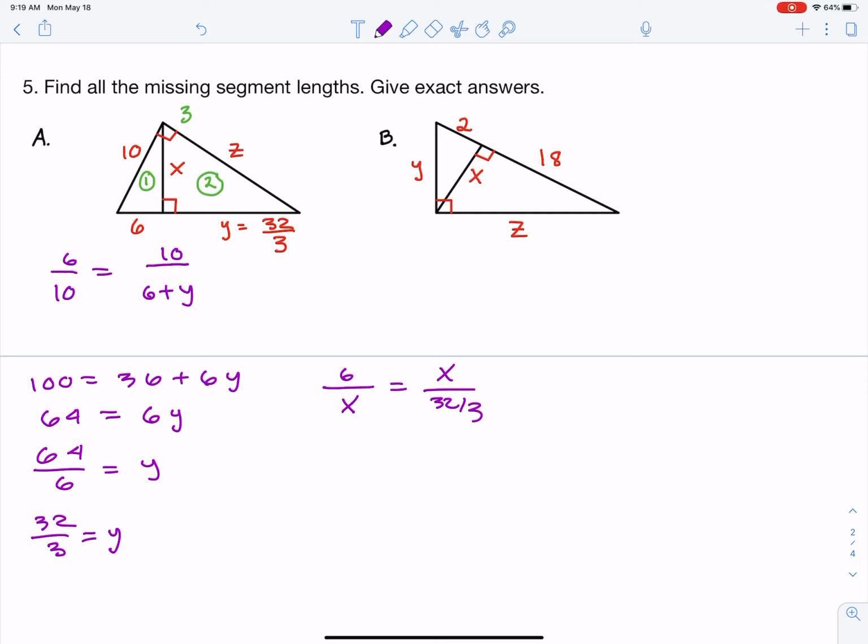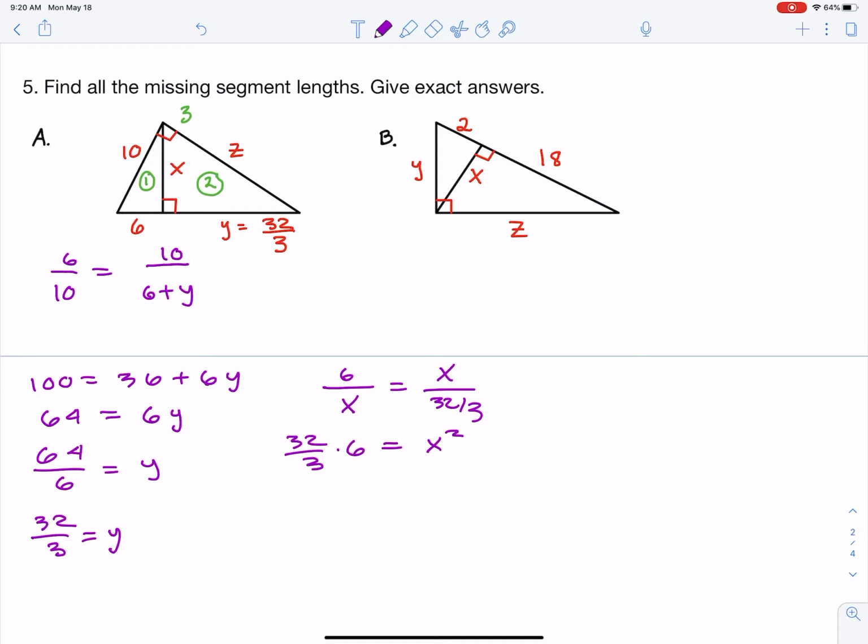As I told you before, this is where it gets a little confusing because the second fraction is a complex fraction. It's not a big deal, but we can deal with it. So multiplying across, we get 32 thirds times 6 equals x times x, or x squared. Kind of nasty, right?